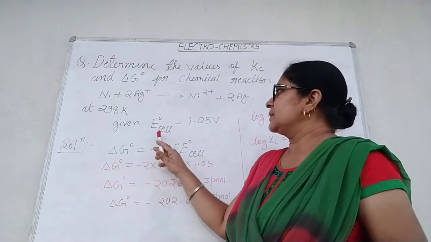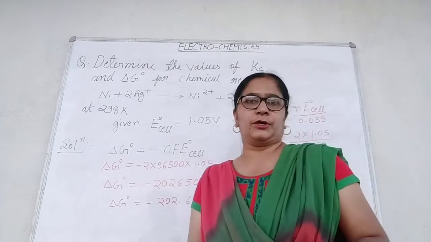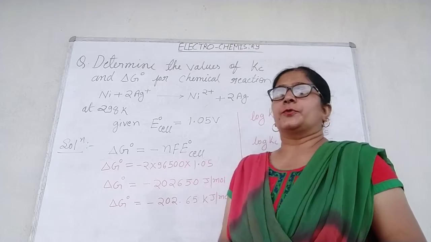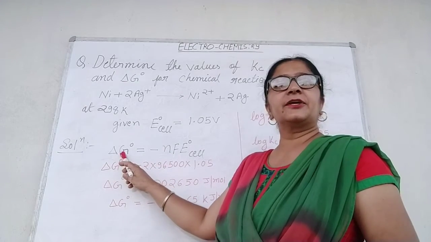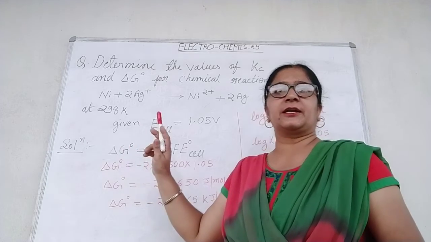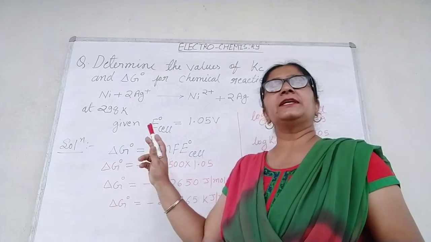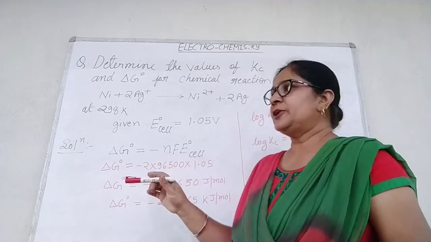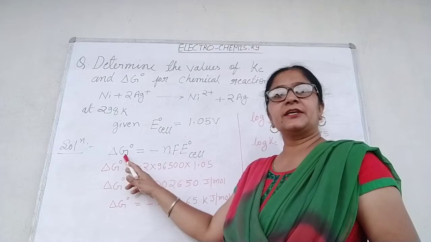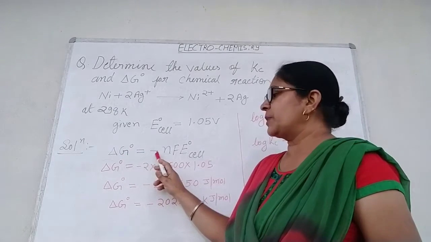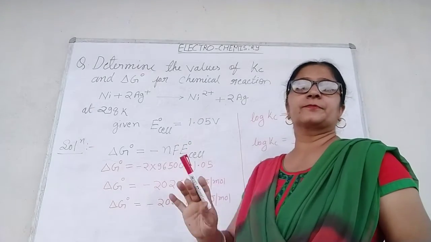And the given standard cell potential is equal to 1.05 volt. Okay, so here first we can calculate standard Gibbs energy change directly, because standard cell potential is given here, by using the formula: standard Gibbs energy is equal to minus nF E naught cell.